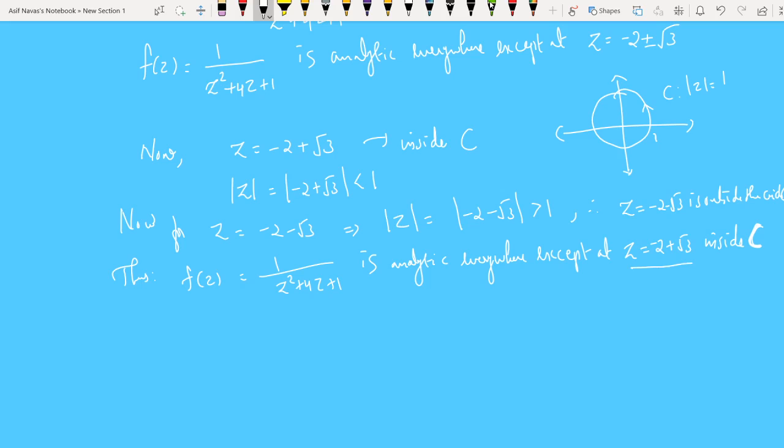Now we want to find the residue. So we know that the integral over C f of z dz, by the residue theorem, is equal to 2 pi I times the sum of residues of f of z, right?